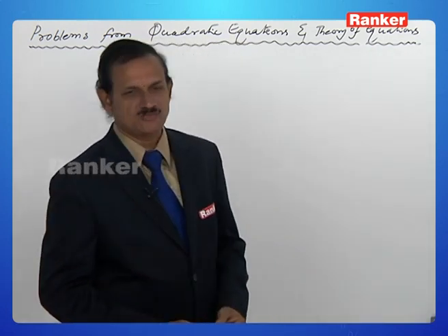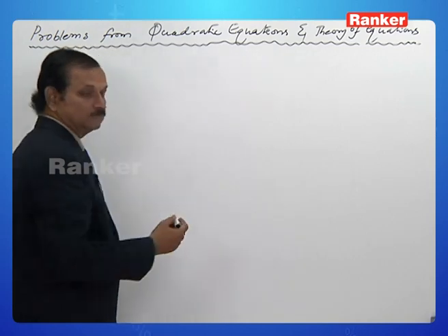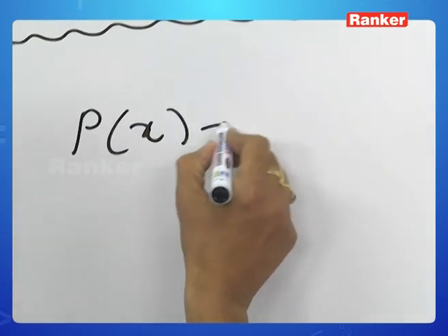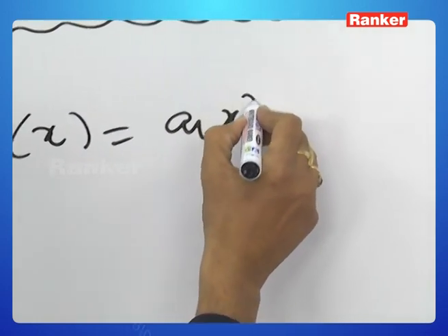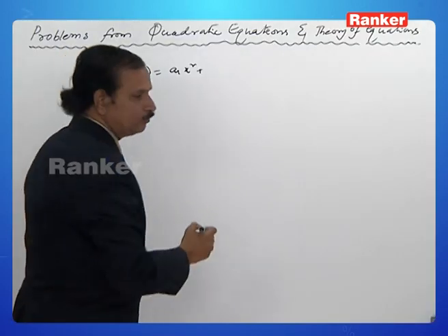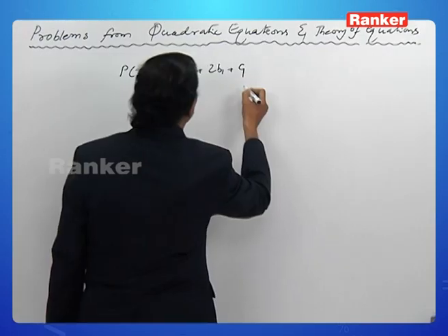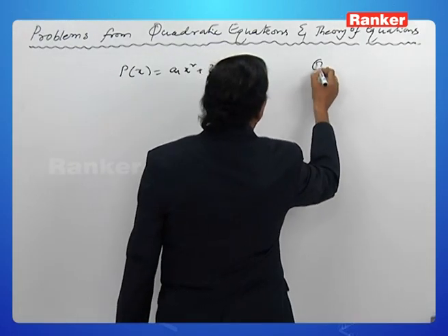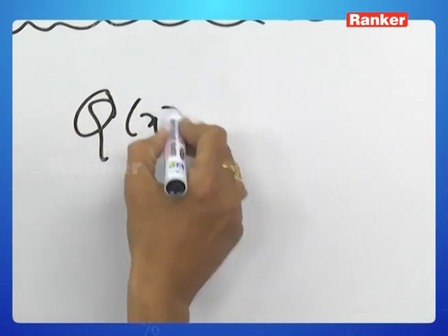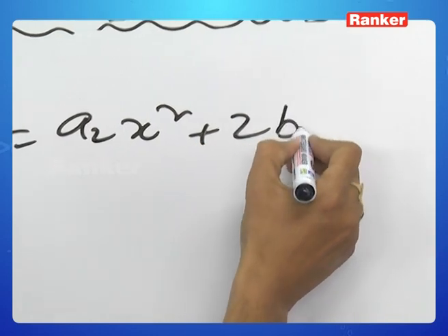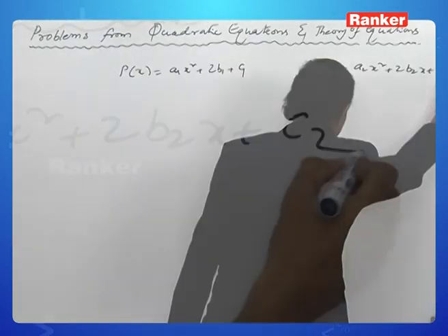Let us examine. The very first quadratic expression given is p of x is equal to a1x square plus 2b1x plus c1 and q of x is equal to a2x square plus 2b2x plus c2.